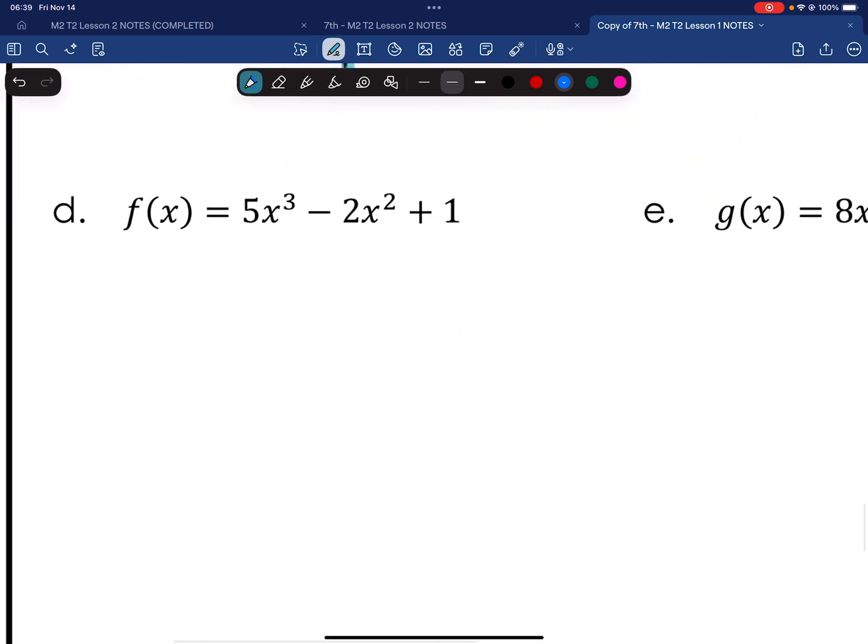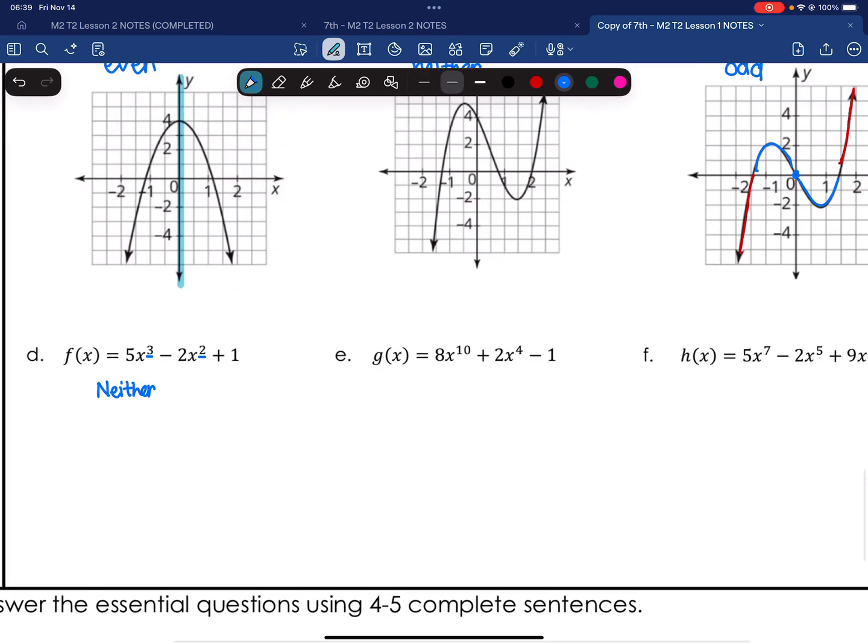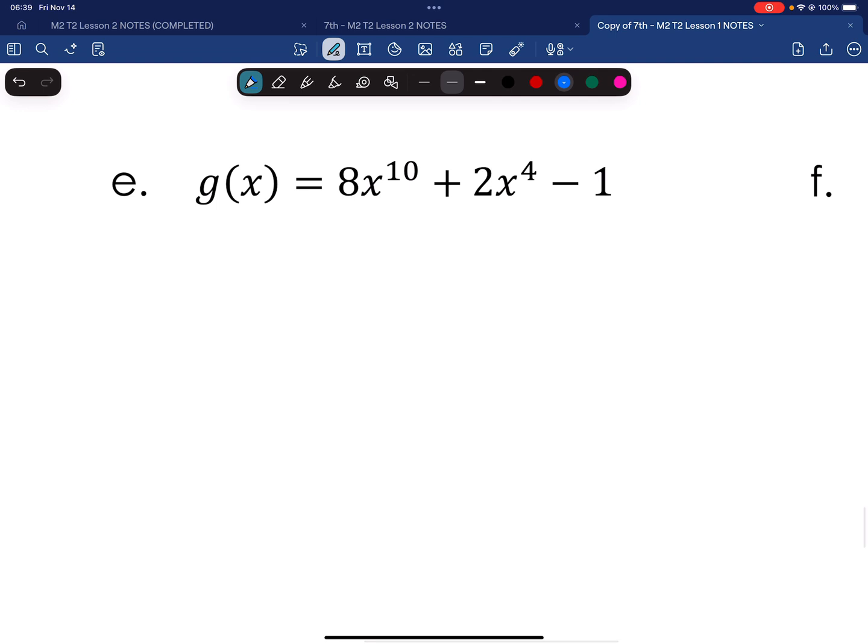Okay, looking at equations now, notice that this one has a mixture of odd and even exponents. So when there's a mixture, that means that it's neither. If we're looking at letter E, notice that these only have even exponents. And it has a constant, which is okay. So that makes this an even function.